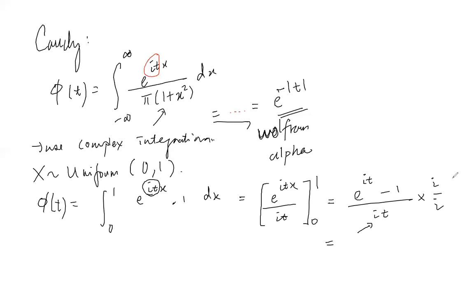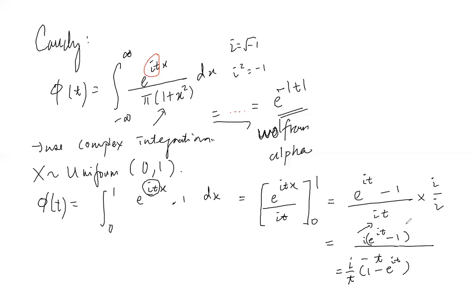Since i is the square root of minus 1, i squared is minus 1. So there you will get minus i times e^(it) minus 1 over t. So rearranging, you will get 1 over t, times i, times 1 minus e^(it).